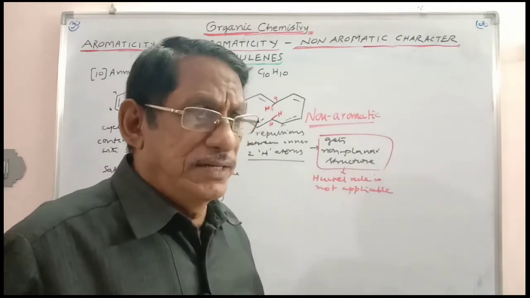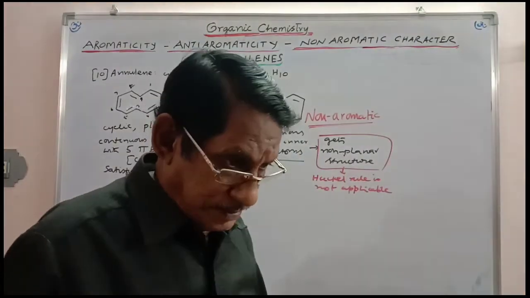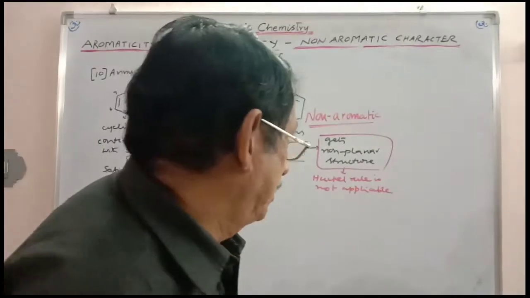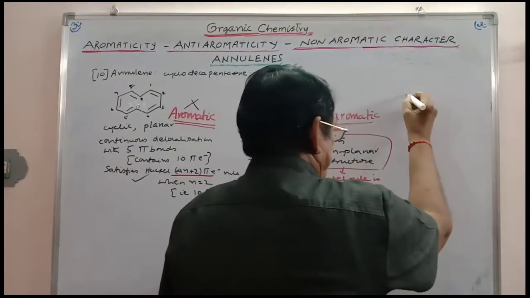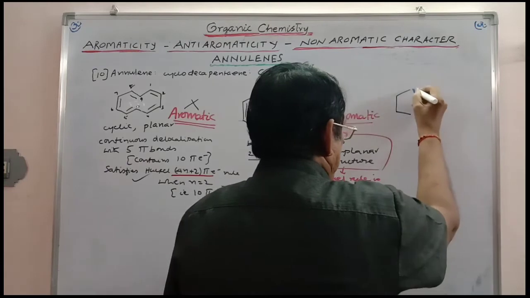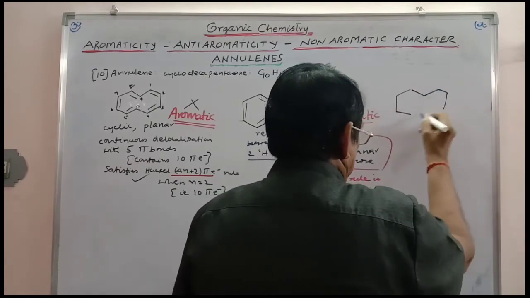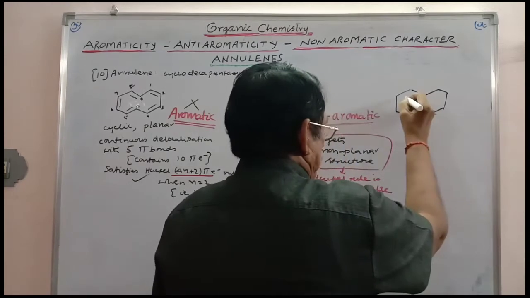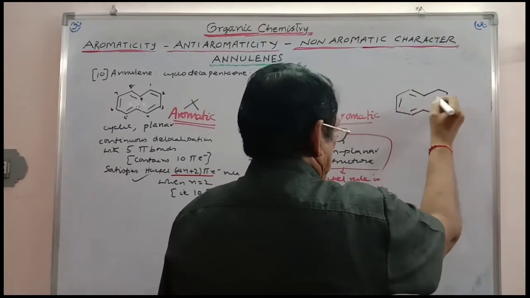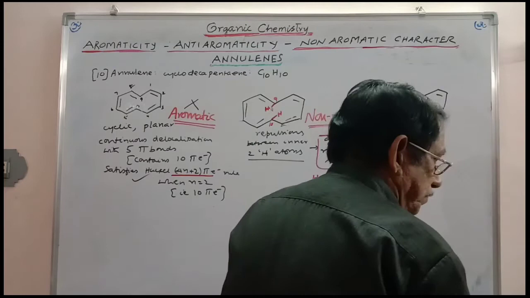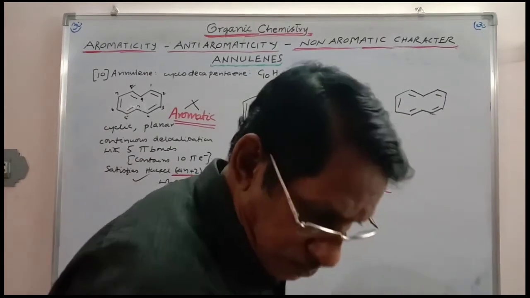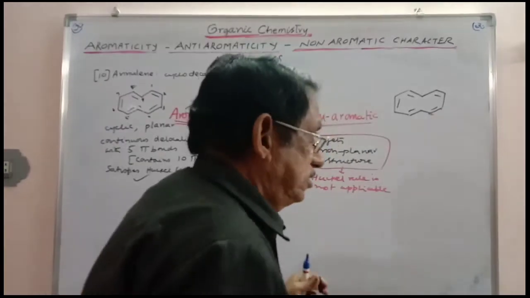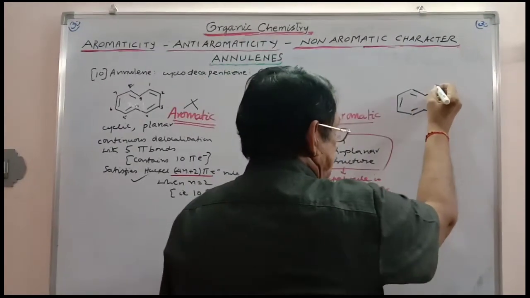Is there any way for this compound to get the aromatic character after substitution reaction? Yes, we can take a compound like this. These are the rings. Let us suppose that oxygen is substituted at this position, the 9-10 position, just like this.